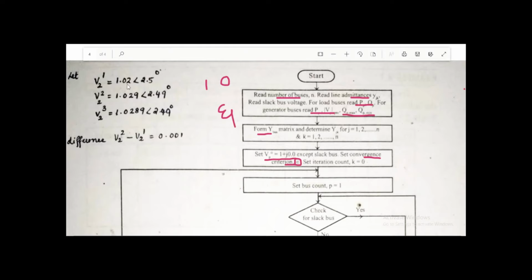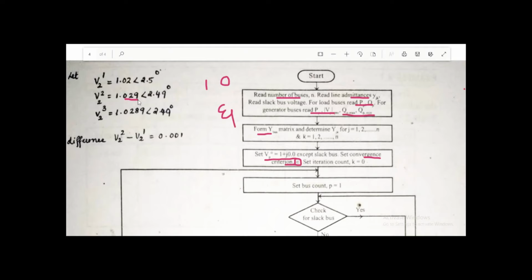Okay, you are not satisfied with this voltage and you proceed to the second iteration. After the second iteration, you got a value like 1.029. You compare these two values. There is a minor difference in voltage between the first iteration and the second iteration, right? So we can see that your voltage became much more accurate in the second iteration.